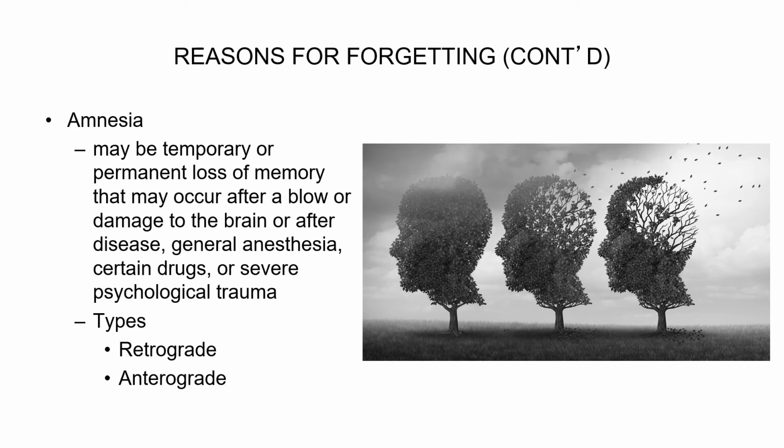So again, retrograde is the most common type of amnesia, but far and away the most common type of retrograde amnesia is a block or period of time immediately preceding a blow to the head or something like that, alcohol, things like that, that cause you to black out. That is a period of time where the memories did not fully consolidate, and no amount of thinking or working or going to therapy is going to get those memories back because they didn't fully encode in the brain.